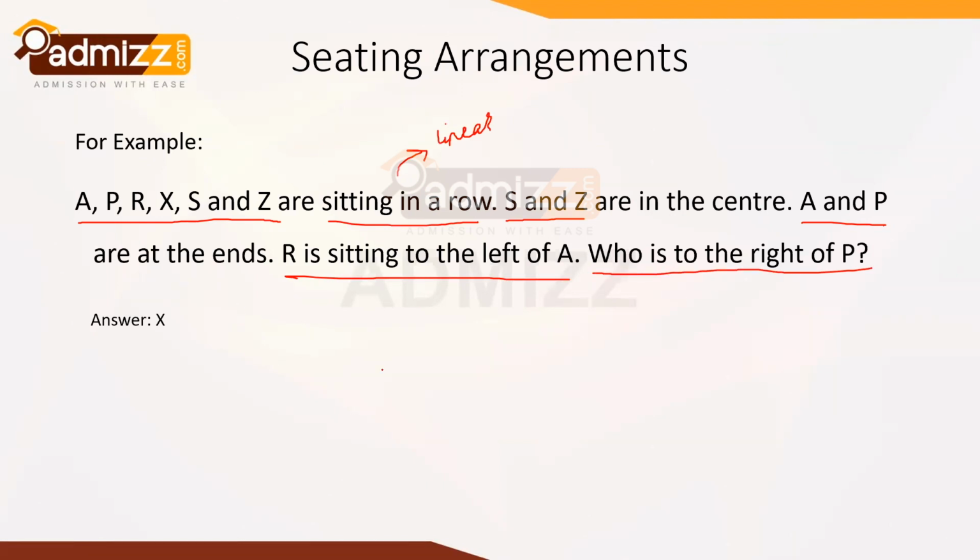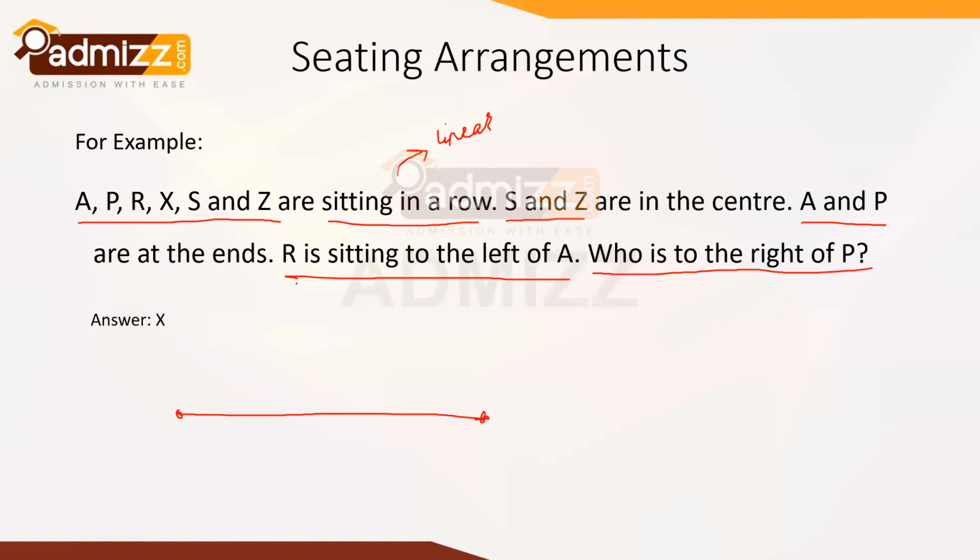So let's look at this diagrammatically. One of the first things that you have to do is visualize the question. So first, let's deal with A and P are at the ends. Let's say this is our row, where A, P, R, X, S, and Z sit. Now first, take a look at this. We know that A and P are at the ends, but we don't really know at which end. So what we do is we simply start with an estimation.